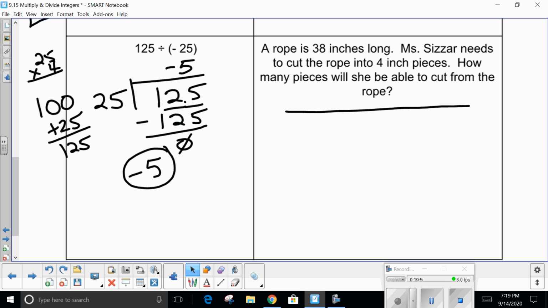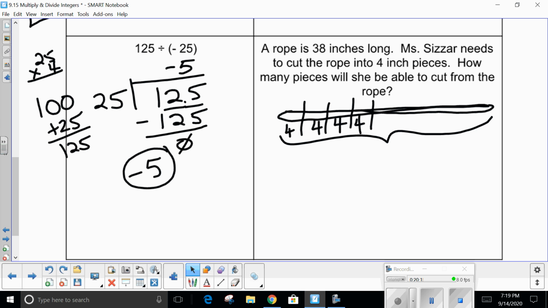If I have this big long piece of rope, and she wants to cut it into 4-inch pieces, so each one of these is 4 inches, we're dividing the larger piece into how many smaller pieces, which measure 4 inches. So this problem becomes 38 divided by 4.